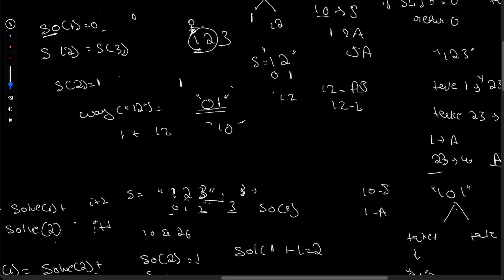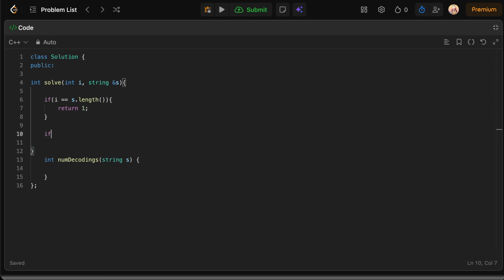If s is 10, at index 1 the 0 is alone and cannot be decoded. So we write: if s of I is equal to 0, return 0.